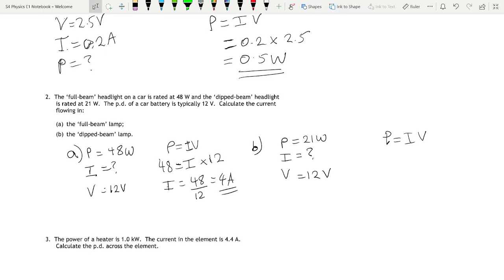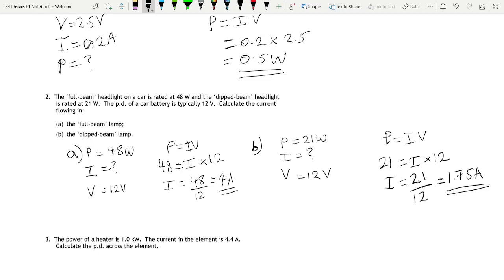And for the dipped beam one, the power is 21. Current is what we want to find. And the voltage is again 12 volts. So the current is going to be 21 divided by 12, which is 1.75 amps.